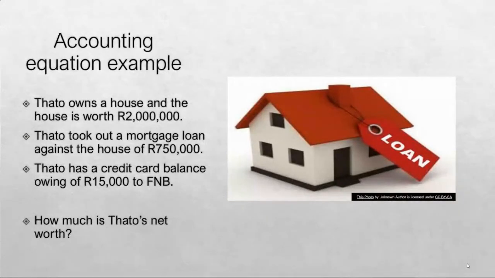Now, we said something is current if we're going to receive it or we settle it within a 12-month period. So now, in that first 12 months, I'm going to settle a portion of that mortgage loan, which makes the first 12 months current, and then anything over 12 months is non-current. So just make a note there on your piece of paper.